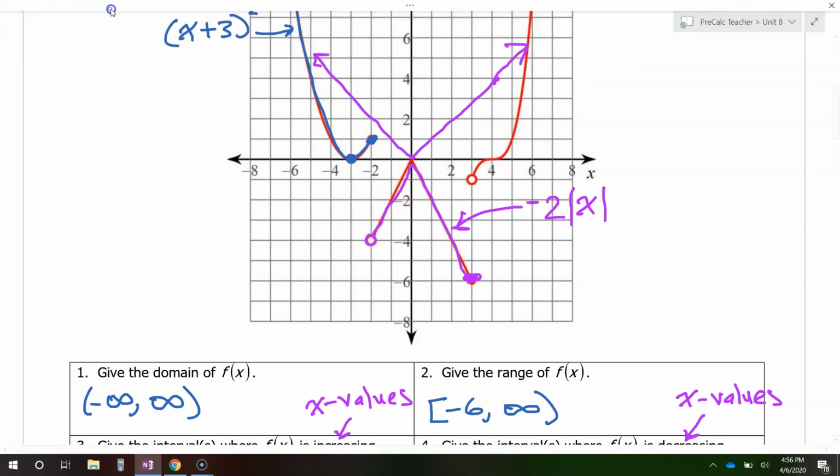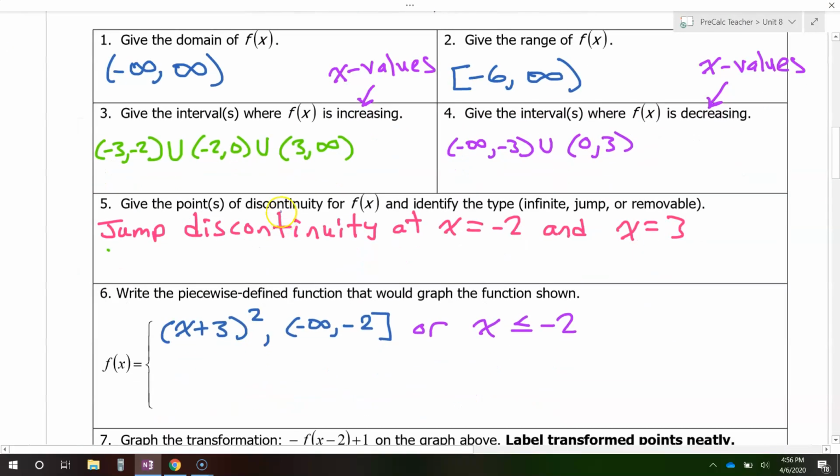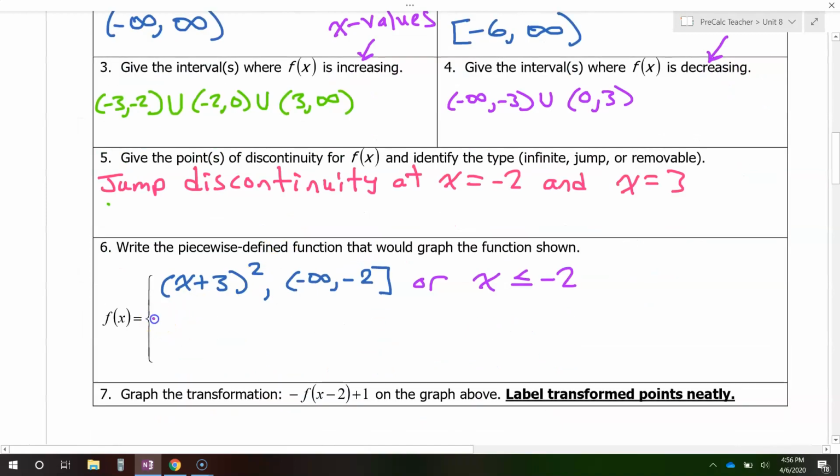Now let me erase my extra lines. Okay, so now we've identified that this piece of the function is a piece of -2 absolute value of x. So let's go ahead and include that in our piecewise function now. So we have -2 absolute value of x.